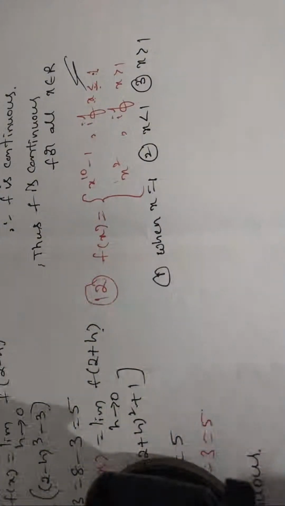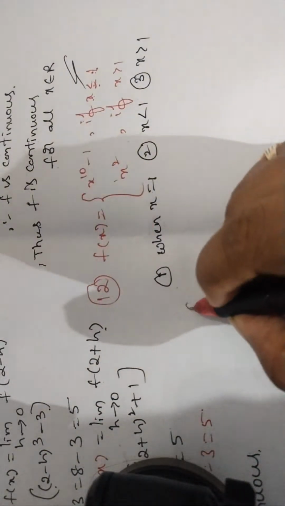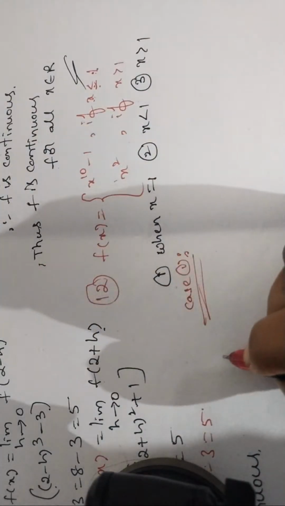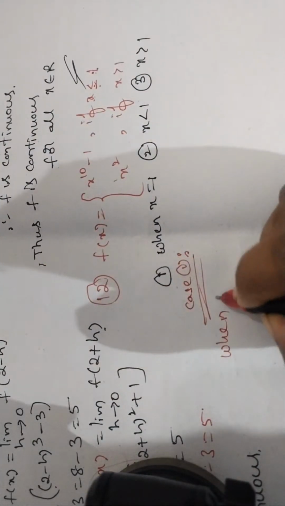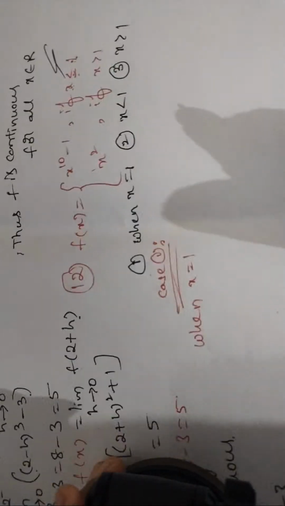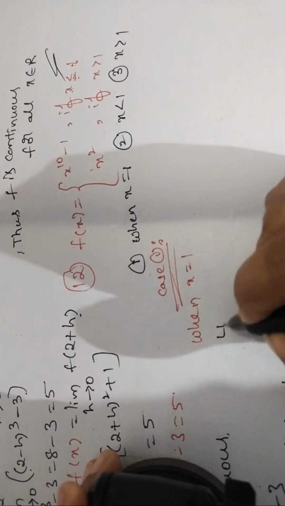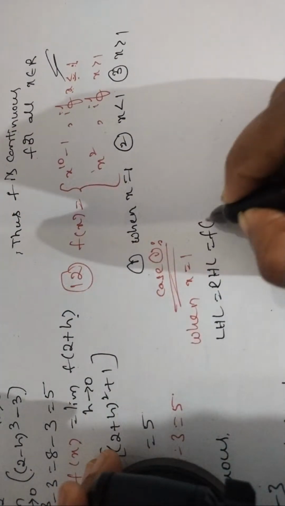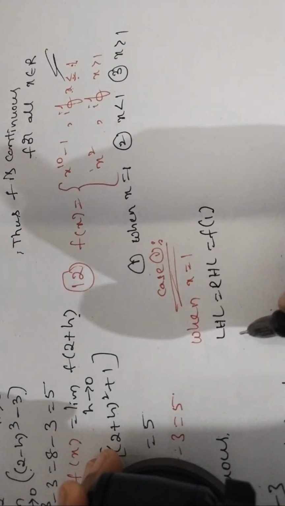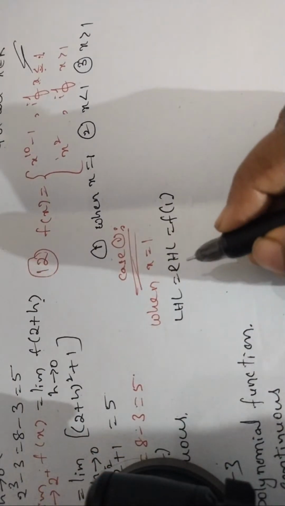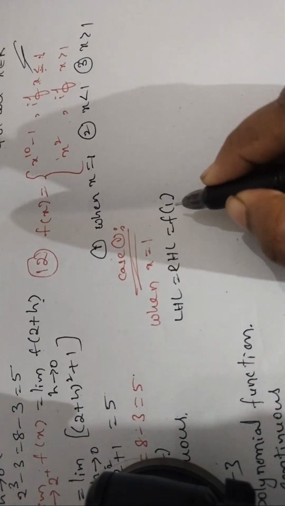So for these 3 cases, we will check continuity. I will take the first case. Case 1 is when x is equal to 1. How can you write this when x equals 1? That is LHL is equal to RHL is equal to f of 1. How do we write LHL of 1? LHL is 1 minus, meaning values less than 1.